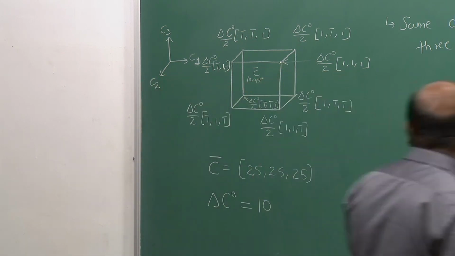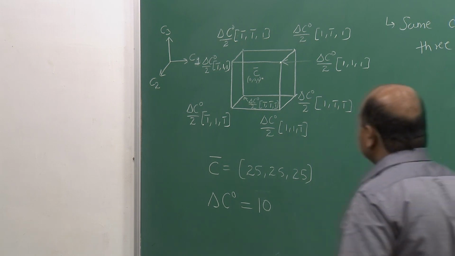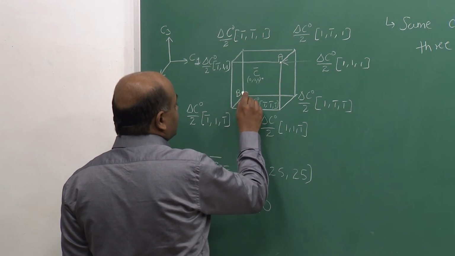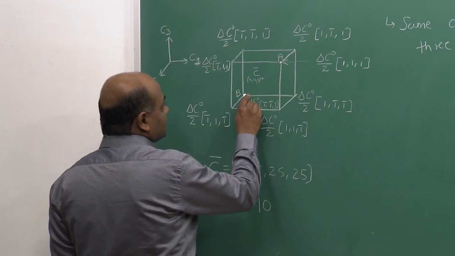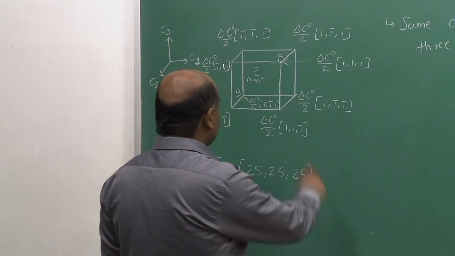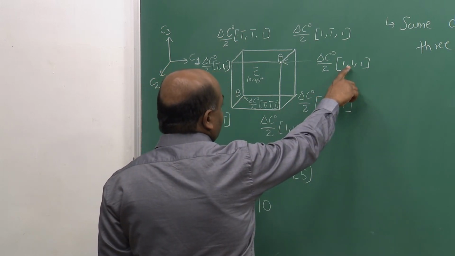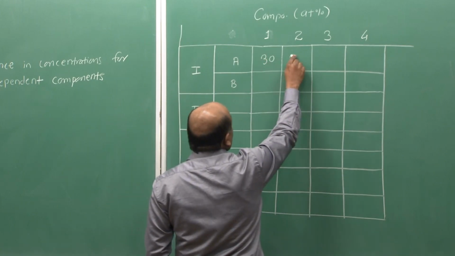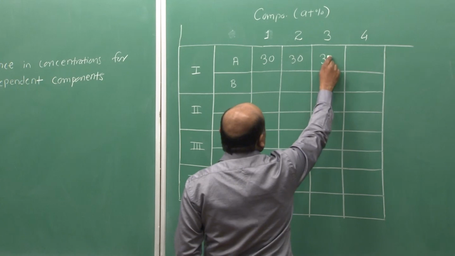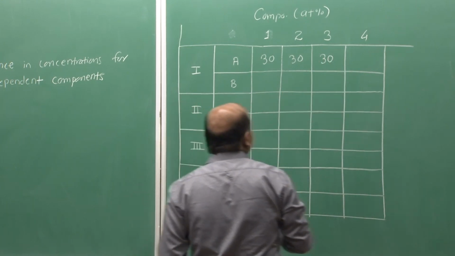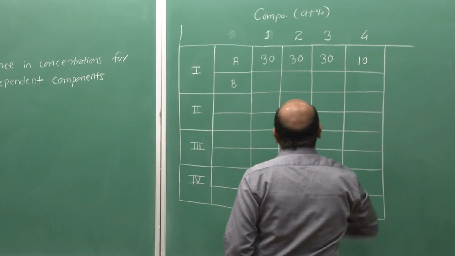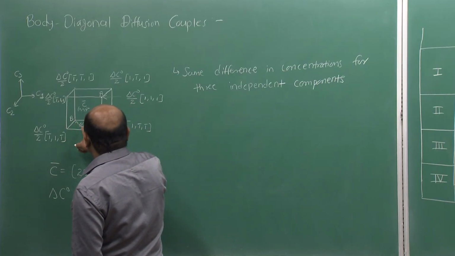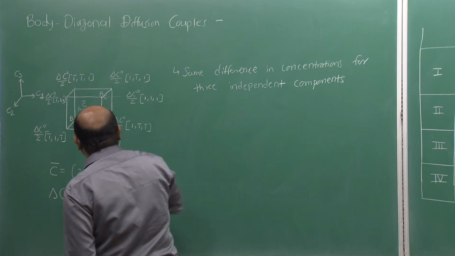So, if I form the first couple as A B here, this is my body diagonal, the composition of A is 25 plus 5 plus 5 plus 5. So, 30 30 30. So, obviously, component 4 is 10, composition of B is minus 5 minus 5 minus 5.